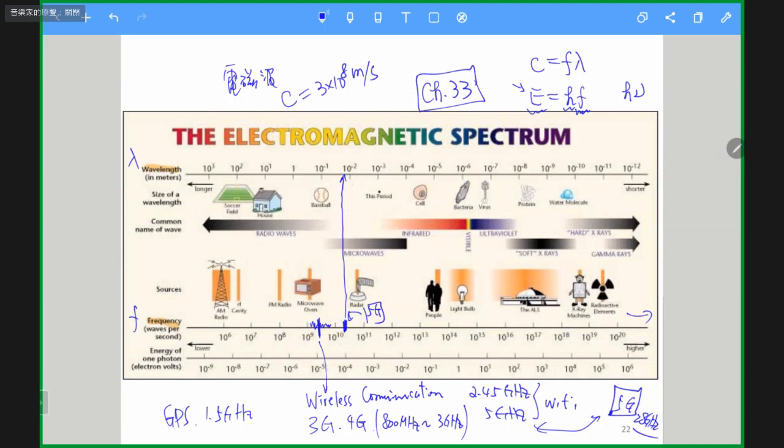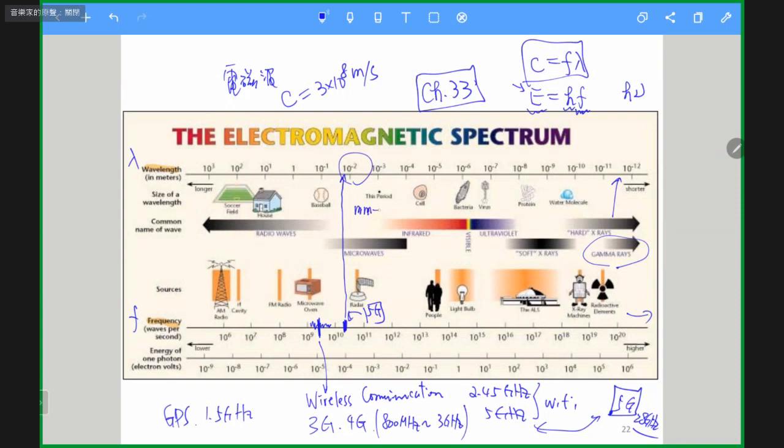Of course, you can see here f and lambda are inversely proportional to each other, which means that if it has a higher frequency, it has a shorter wavelength. For gamma ray, the wavelength is very, very short, 10 to the minus 12 meter. And for 5G, if it uses 28 gigahertz or even higher frequency, it is around the level of a millimeter wave.